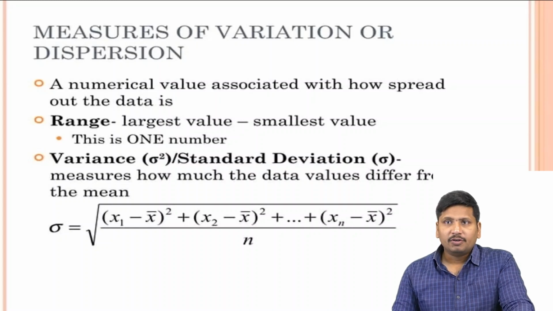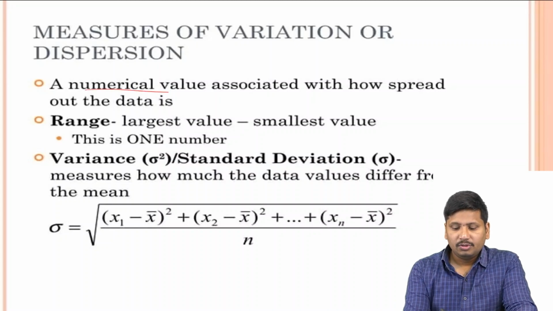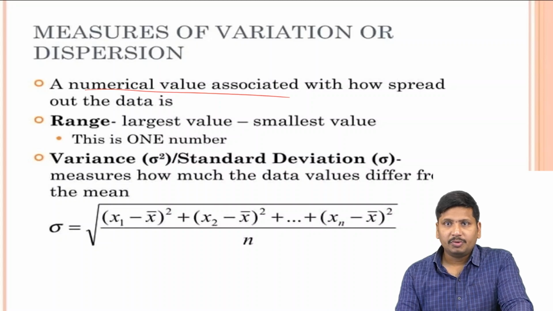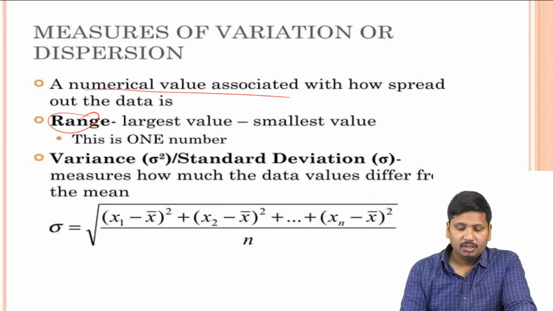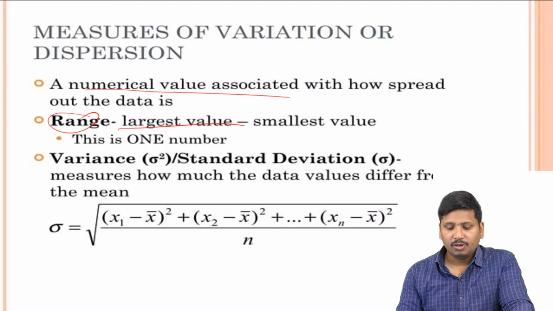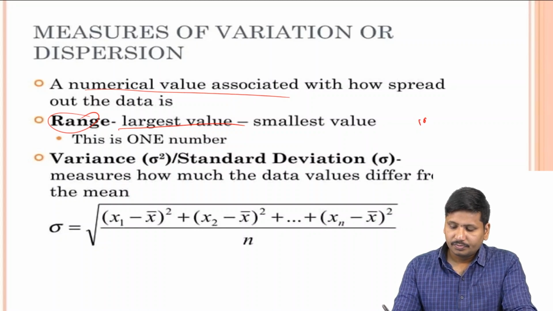Next, measures of variance and dispersion. First is the numerical value associated with how the spread of the data is. For this we calculate the range: the largest value minus the smallest value. Suppose I have the series 10, 20, 30, 50, 60, 80, 90.